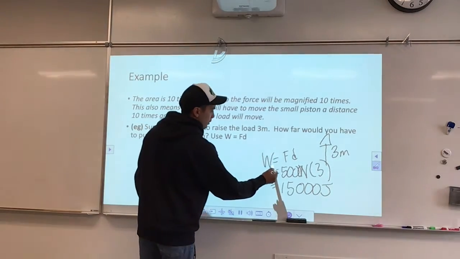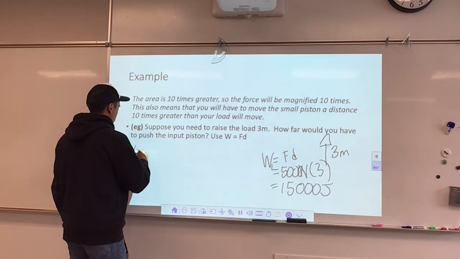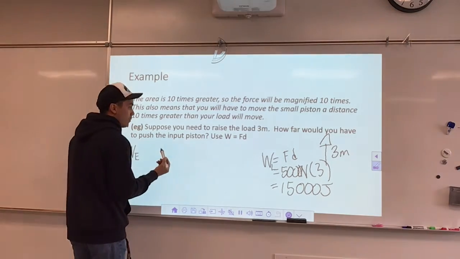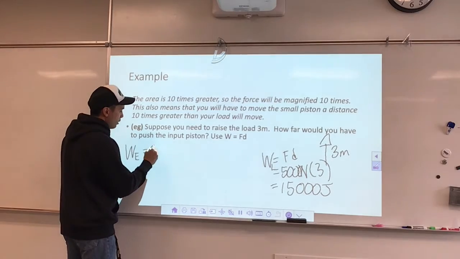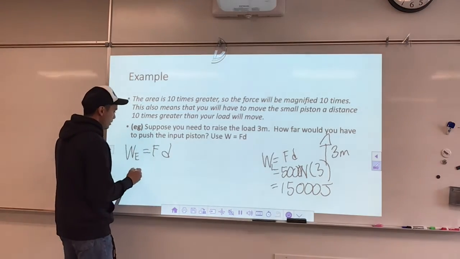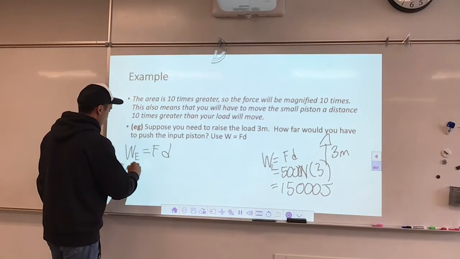Okay, so work doesn't change. This is the work that I'm putting on the load. So the work of my effort remains the same. It's also going to be 15,000 joules. It also equals force times distance. So my work does not change. It can't.